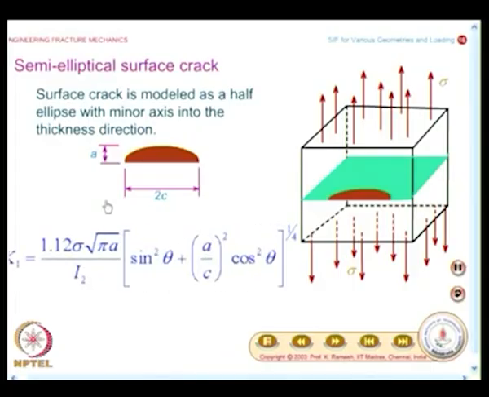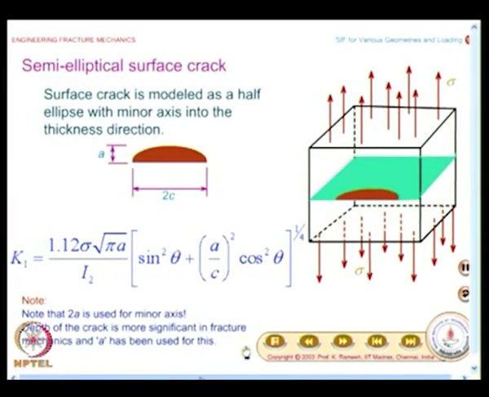So, what people have initially attempted to find the stress intensity factor value is, they have utilized a similar approach. Based on the elliptical solution, you have the expression for the stress intensity factor for a surface flaw given like this: K1 equal to 1.12 times sigma root pi a. This is the only change.